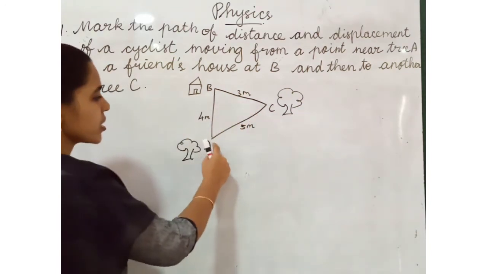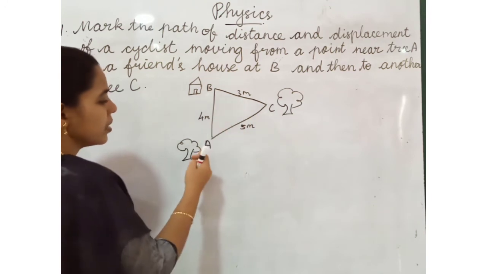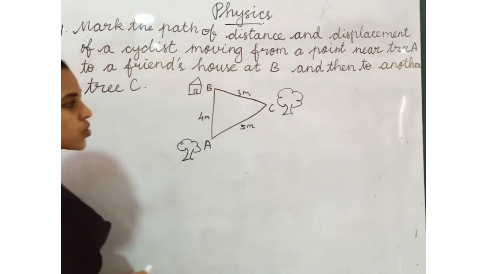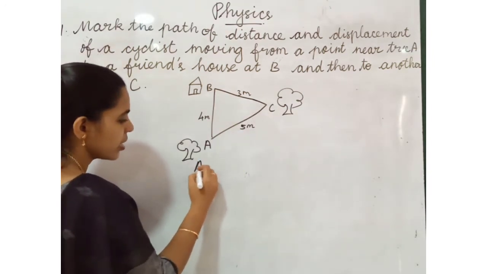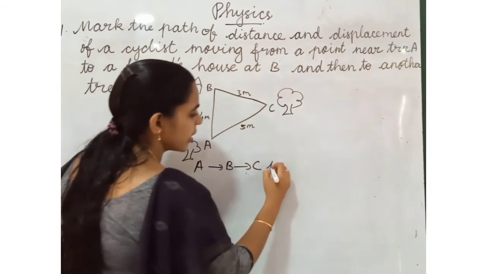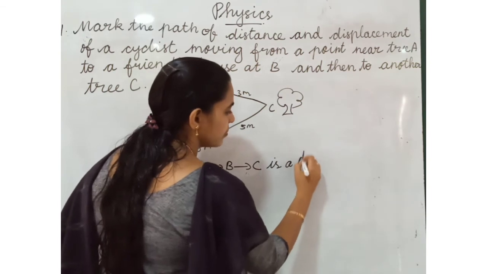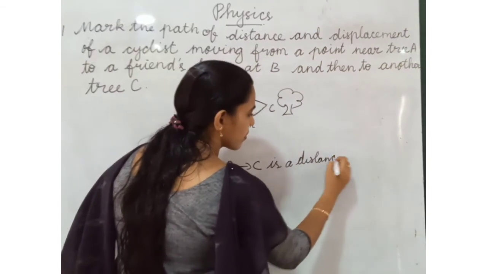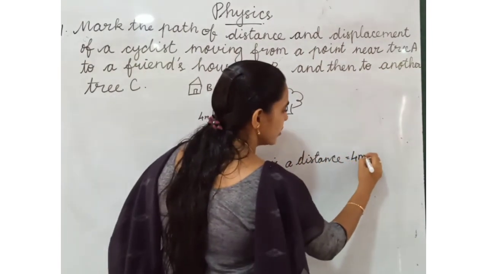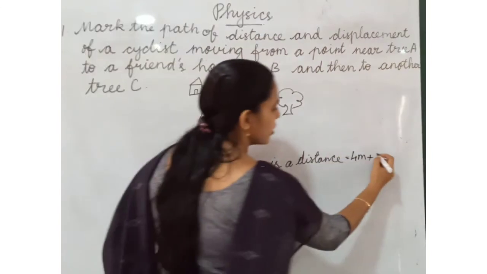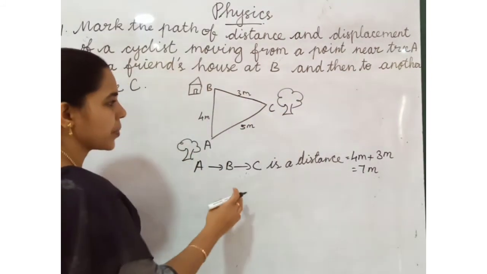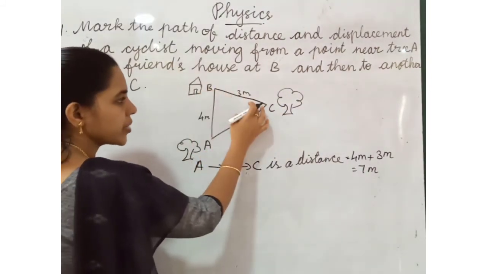So from A to C, one man is moving from this tree to B and then moving to C. So the distance is A to B plus B to C. What is the length? From A to B is 4 meter plus from B to C 3 meter. So what is the distance? 7 meter. Total 7 meters.